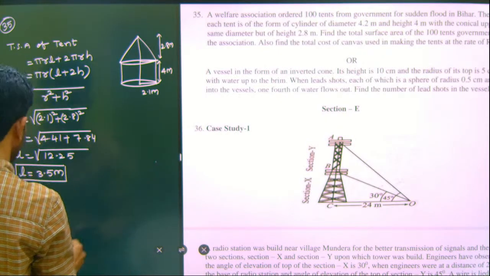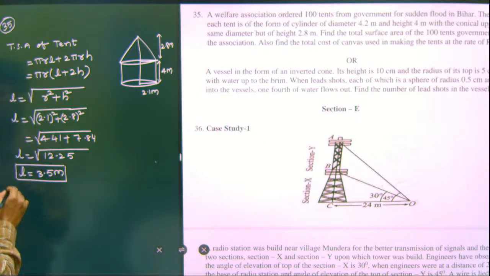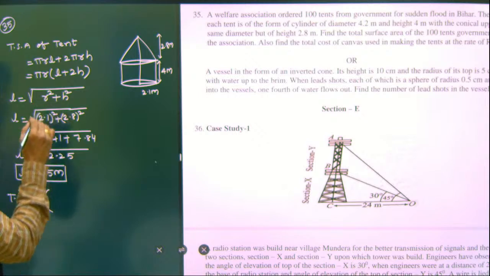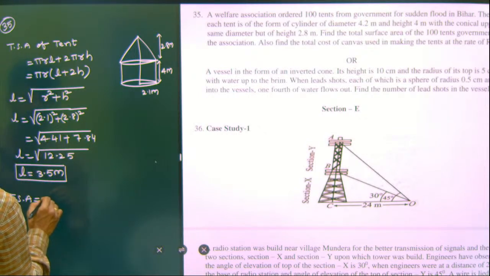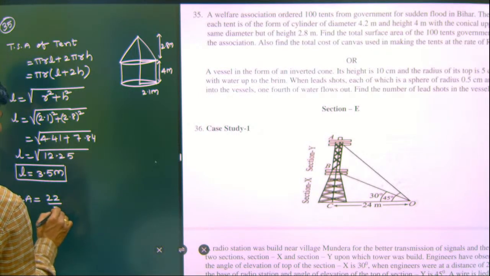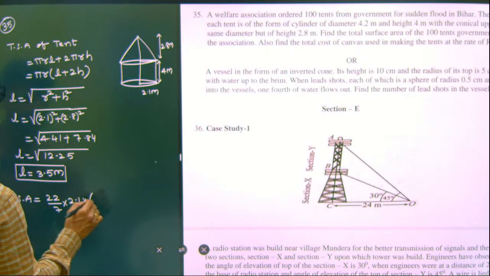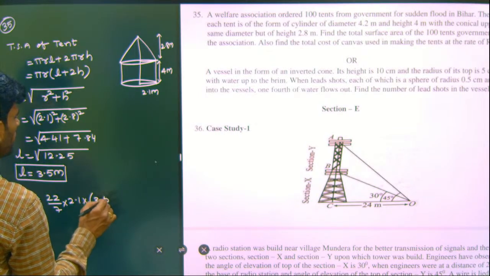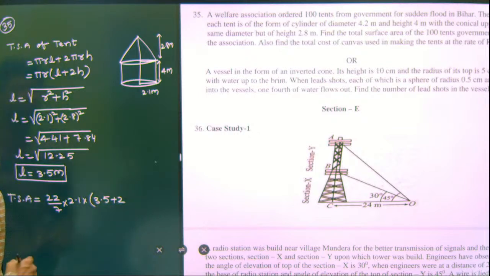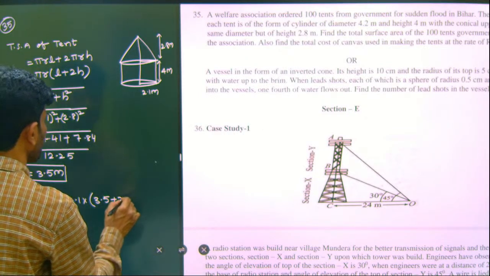Now we have to substitute these values in that. So the TSA, total surface area of the tent, is pi r, 22 by 7 into r which is 2.1, into L which is 3.5 plus 2 into the height of the cylinder, which is 4.